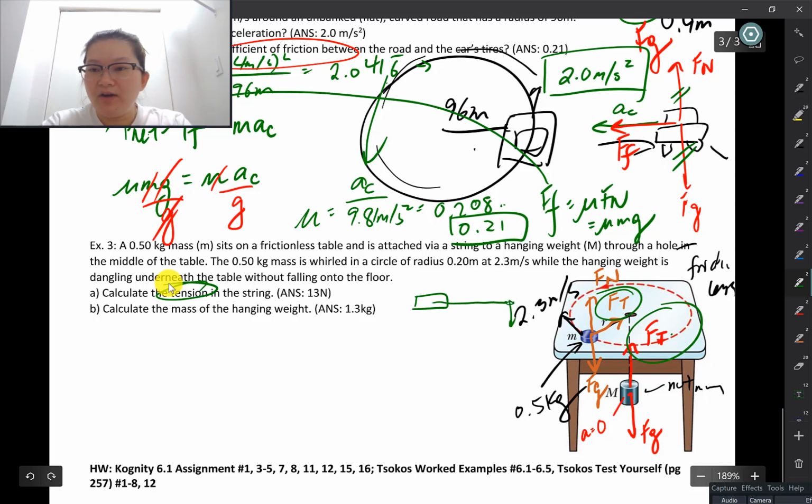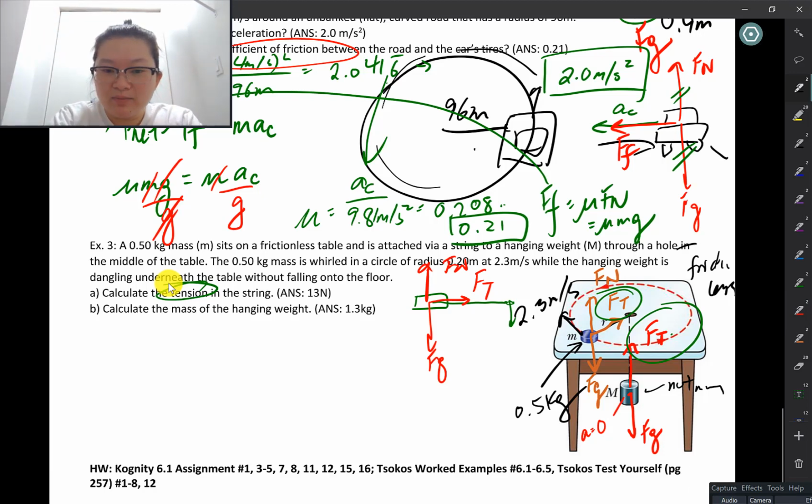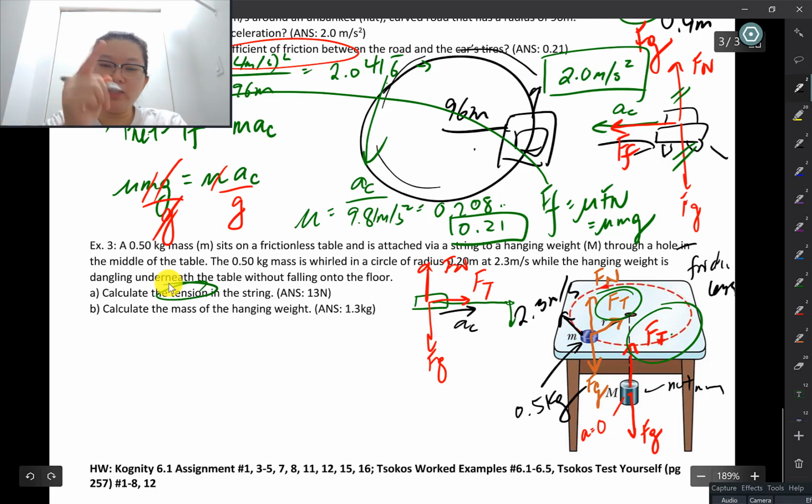If I draw a free body diagram on this guy from the side view, it would look like this. I'm just copying and pasting this free body diagram here. The key thing about this guy is that it is moving around in a circle, meaning there must be some centripetal acceleration towards the center of the circle, for which we can write an F-net equation.